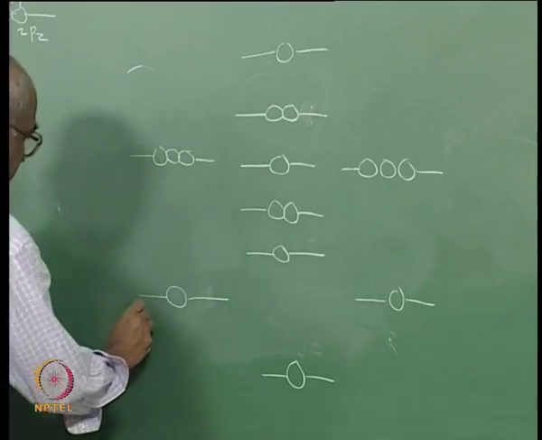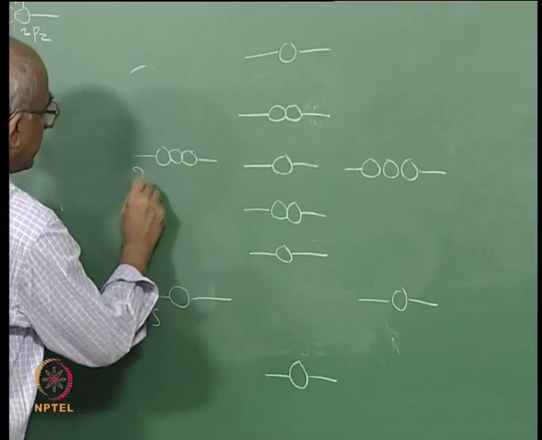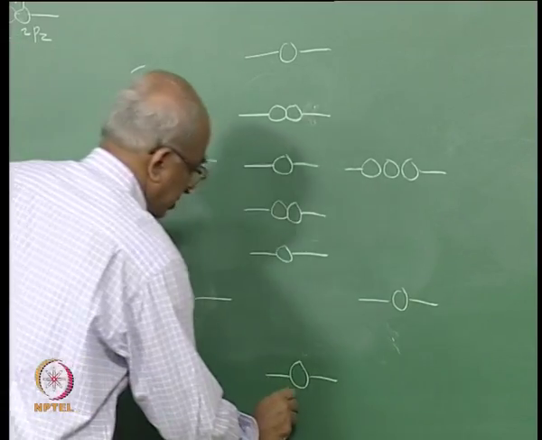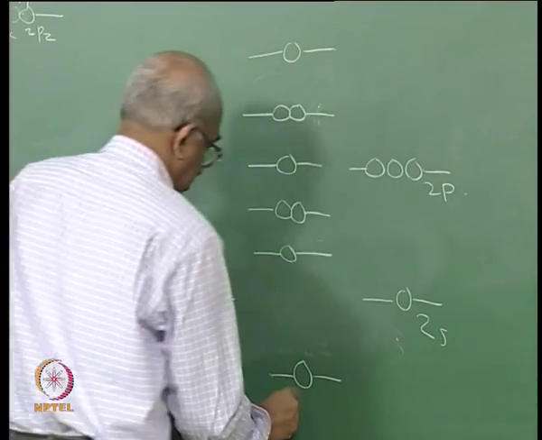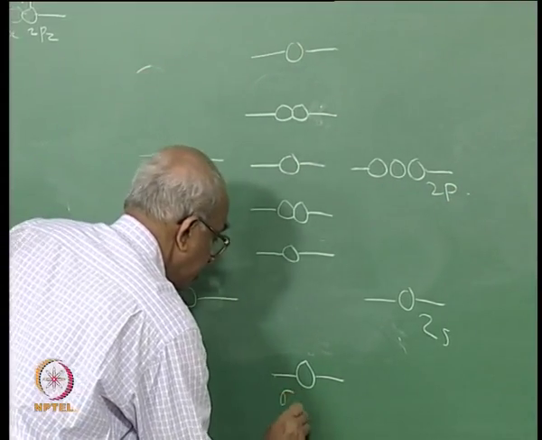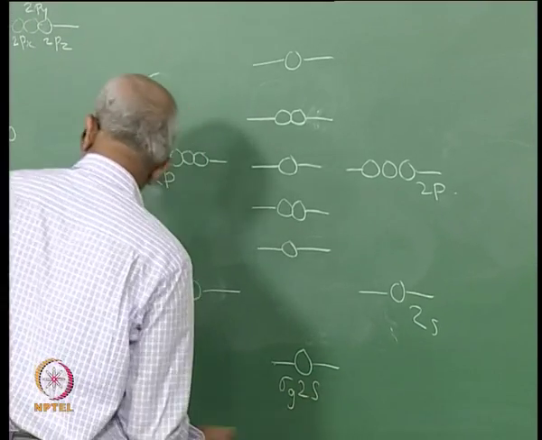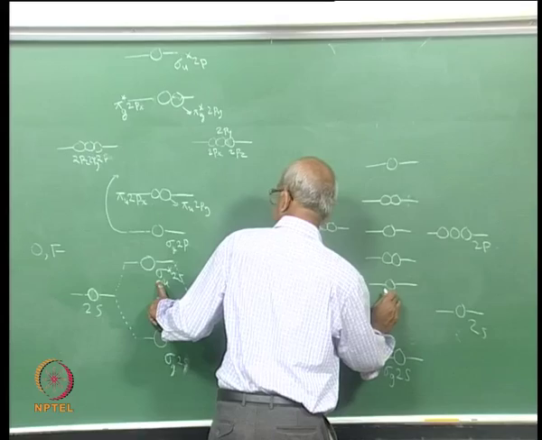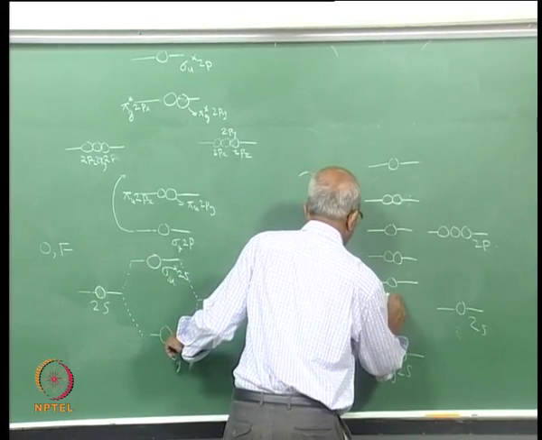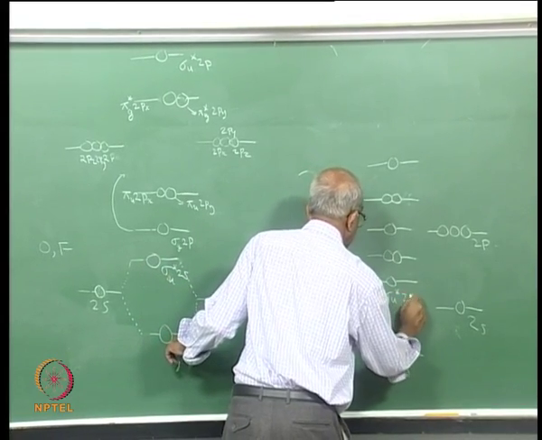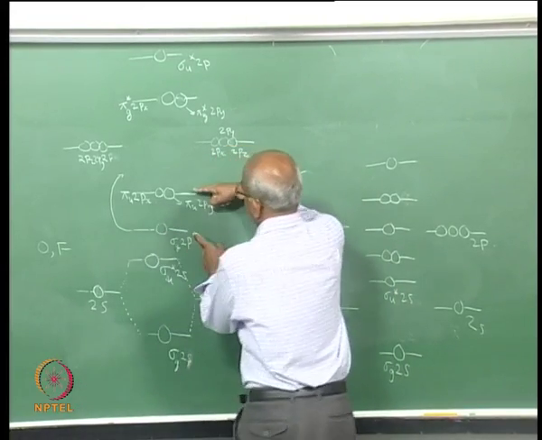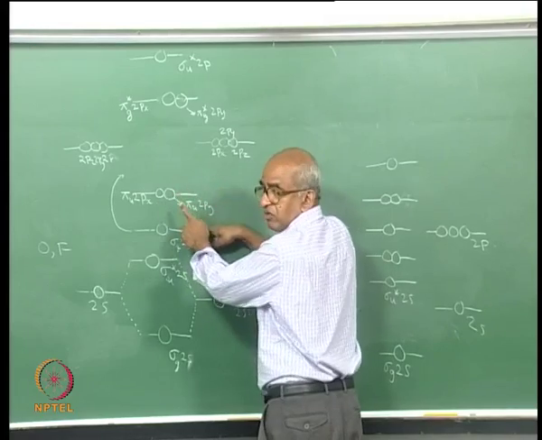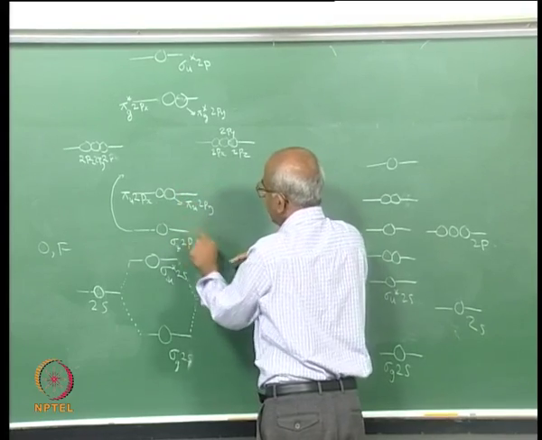This is 2s, that is 2p, this is again 2s, that is 2p, this will be sigma g 2s, this will be sigma u star 2s, and what happens is that these two orbitals, their order gets interchanged. So, this will get lower.